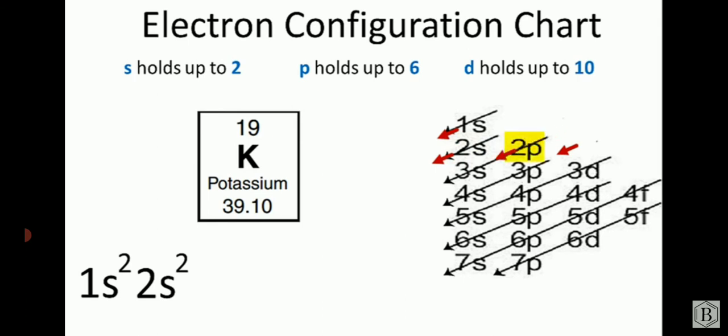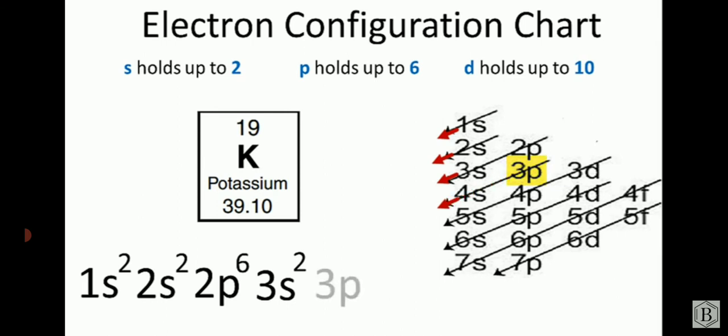We go to the third row and the first term is 2p. p orbitals can hold up to 6 electrons, so we will put all 6 electrons in that. With the 2p orbitals we have used a total of 10 electrons. Also in the third row we have the 3s, we will put 2 there.